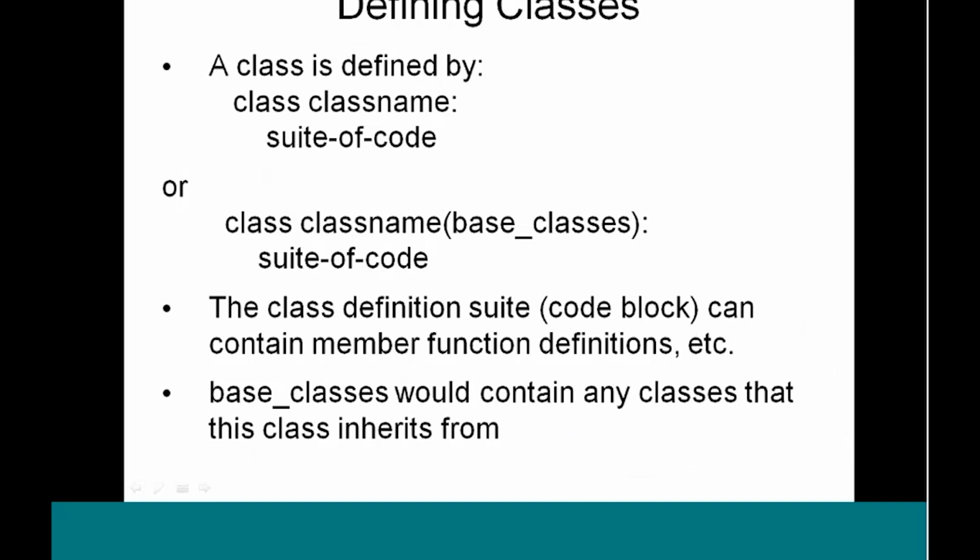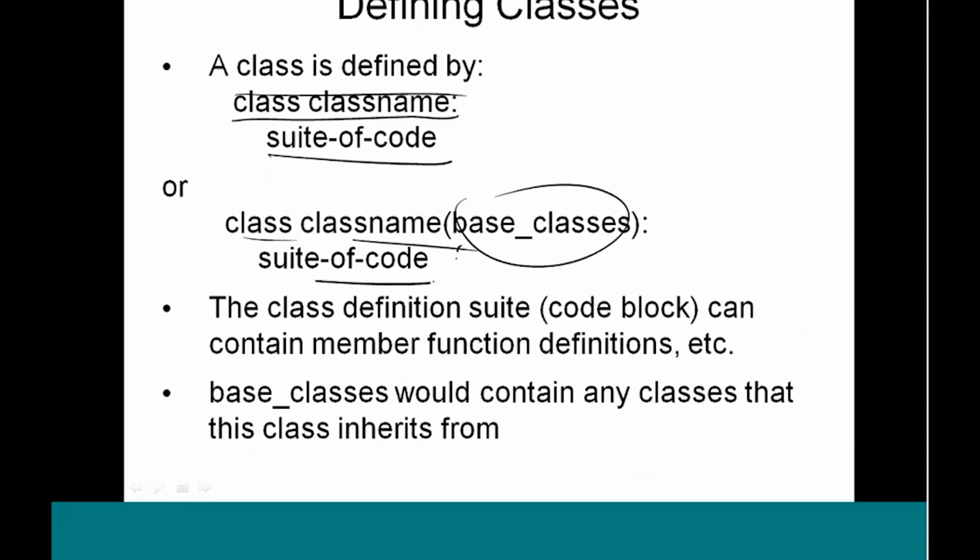Now, how do we define a class? The class is defined by two things. One is the class name and a suite of code, essentially, or you can also define it as class name with the base classes and then a suite of code. The class definition suite or the code block can contain member function definitions, so you can define all the member functions within this.